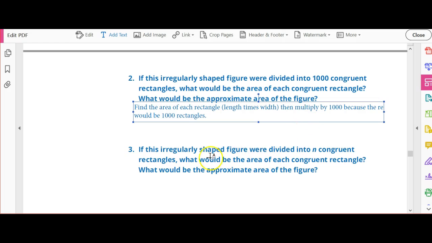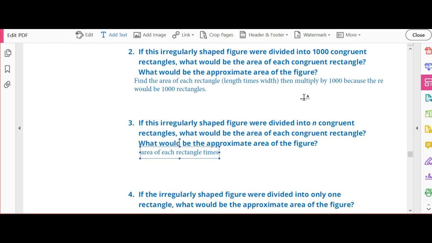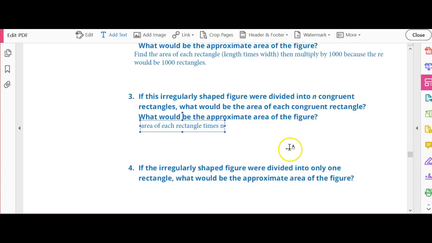So what if it was divided into n congruent rectangles? So we would still have the area of each rectangle times n, right? So we'd have n rectangles.